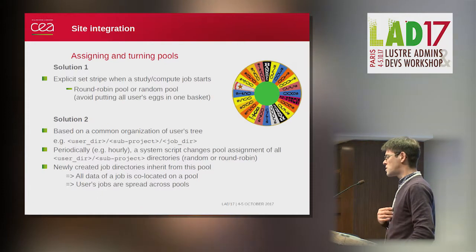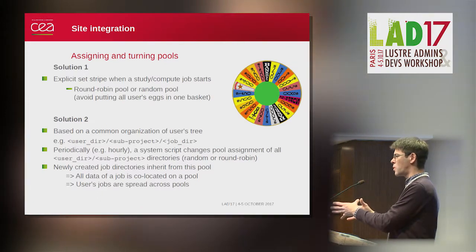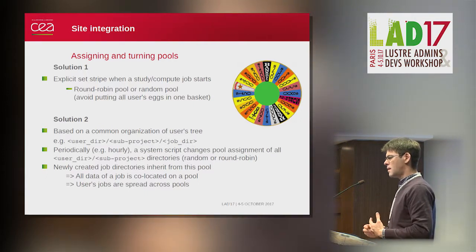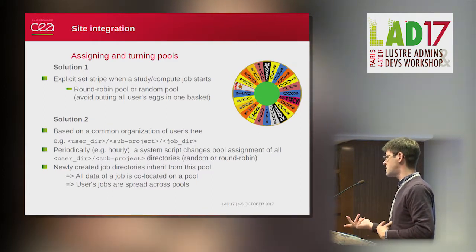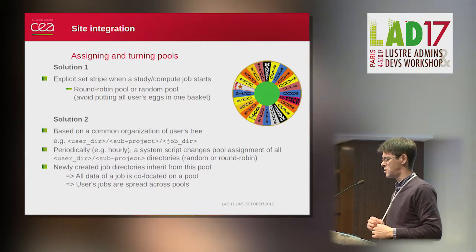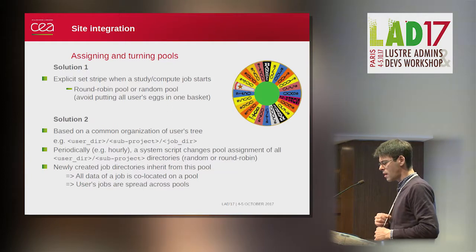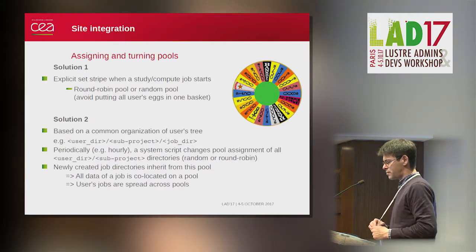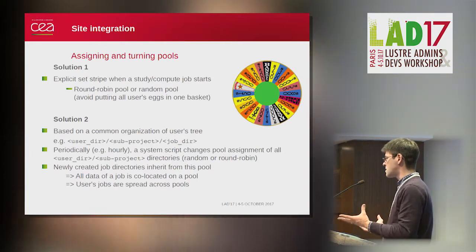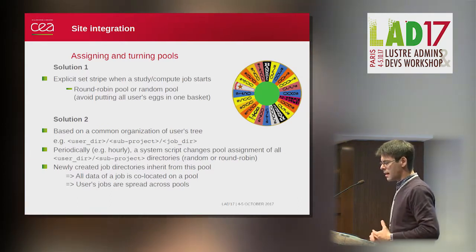What we want is to create one job on one pool, create another job on another pool, and so on. One possible solution is to make the user explicitly specify a random or round-robin pool when creating the job directory. This avoids putting all users' eggs in one single basket.